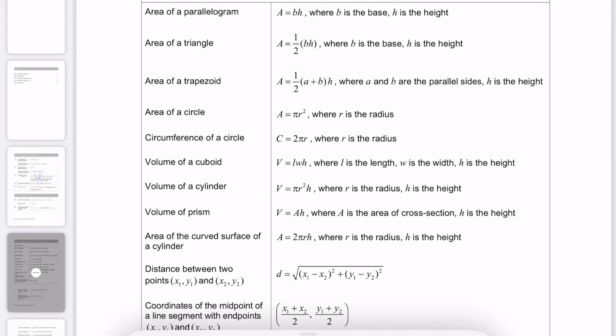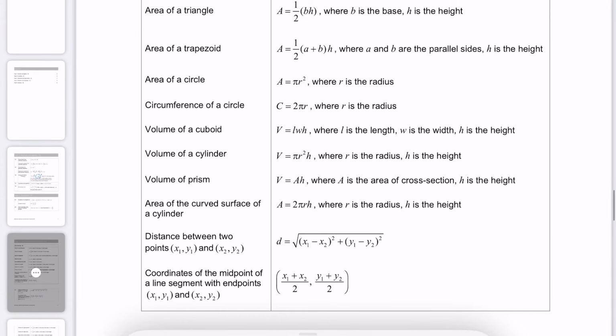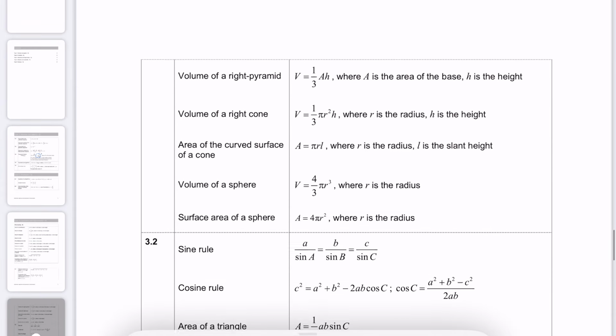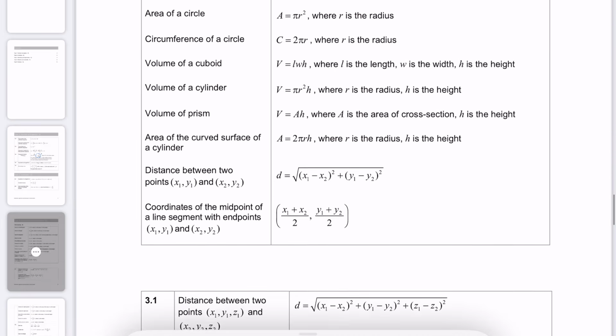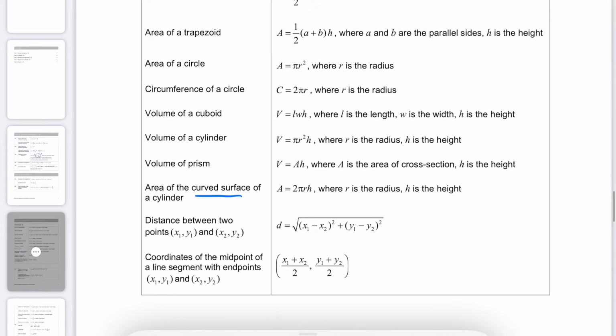So they only give us the area of the curved surface of a cylinder, which I think is actually kind of nice in a way. So the curved surface is 2 pi r h.